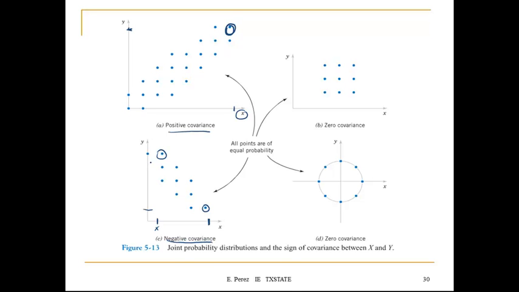Then there are other random variables that don't have this type of relationship or behavior. In those cases, we have zero covariance. And here in this figure, we have two examples in which this behavior is shown. Okay, so for case B and D, you have a zero covariance.